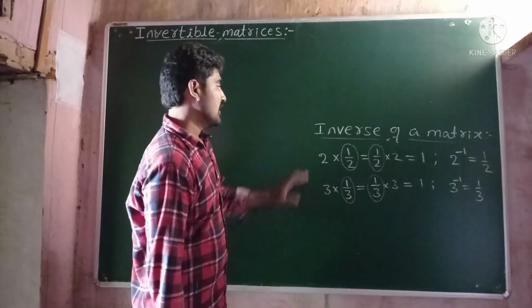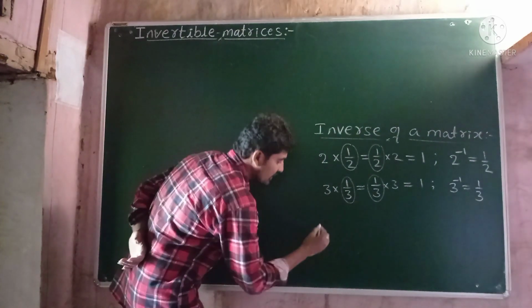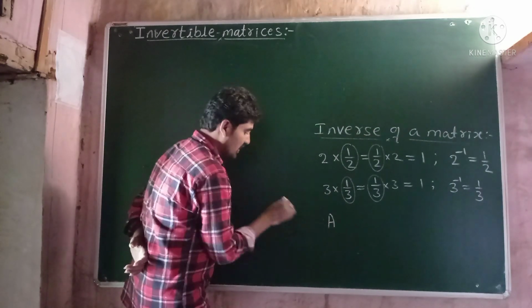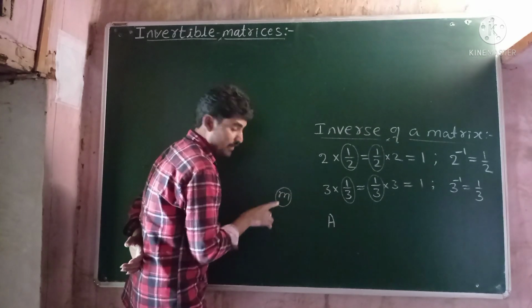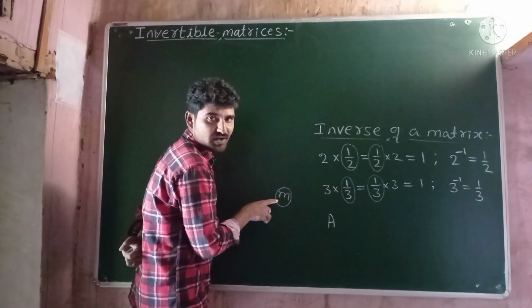So similarly, in case of matrices, if A is a square matrix of order m, means matrix A has m number of rows and m number of columns.